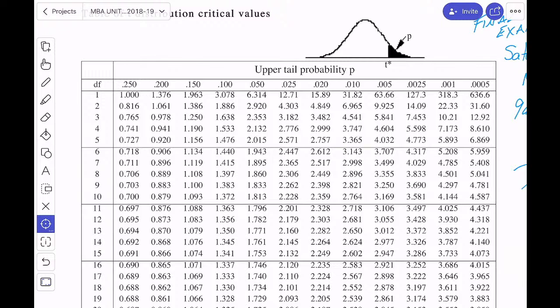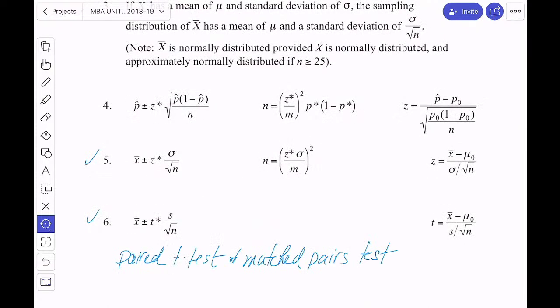Now, the t distribution was developed as an improvement upon the z distribution for inference where we don't know the population standard deviation.